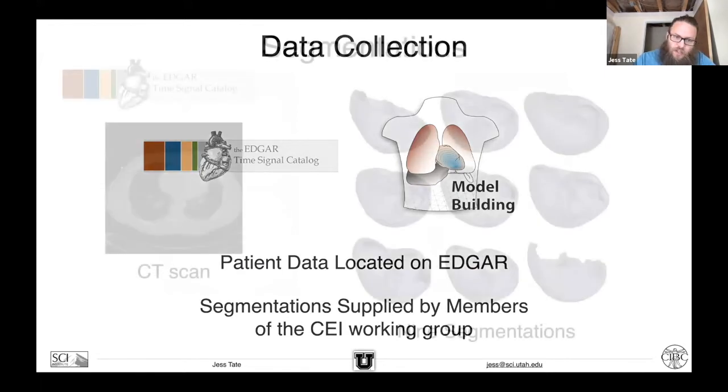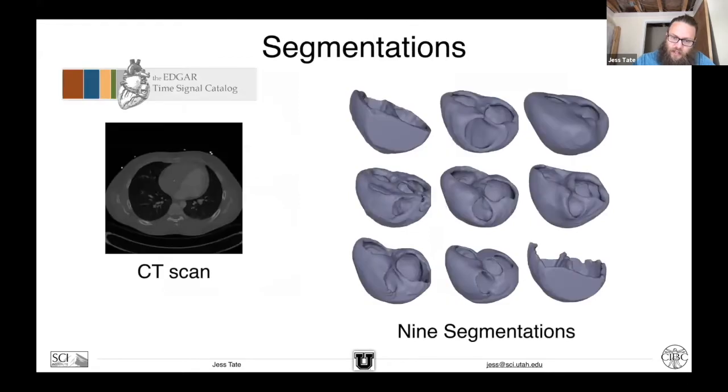We took this patient, got 9 segmentations from people in the Consortium for ECG Imaging, and in order to quantify the variation, we used a statistical shape modeling tool called ShapeWorks.